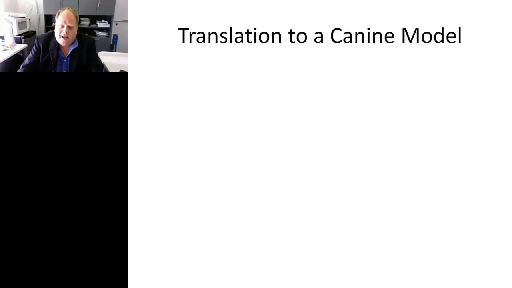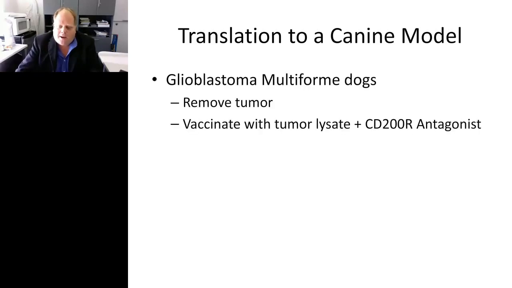So we decided we wanted to translate this to a different model. We work in collaboration with a collaborator of mine, Dr. Elizabeth Pluhar and Christopher Pinnell, and we derived a canine-specific CD200 receptor antibody. We take these dogs that come to the clinic, okay, we do not give them tumors.